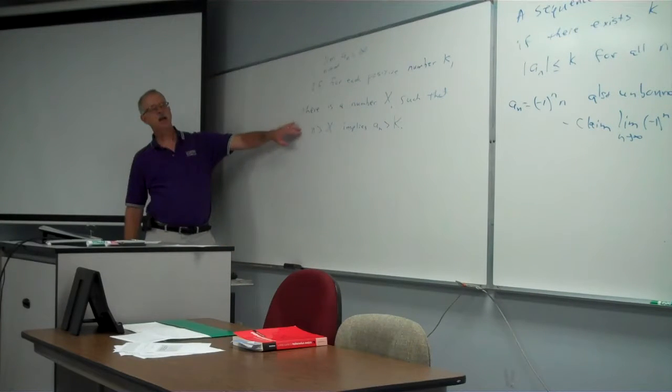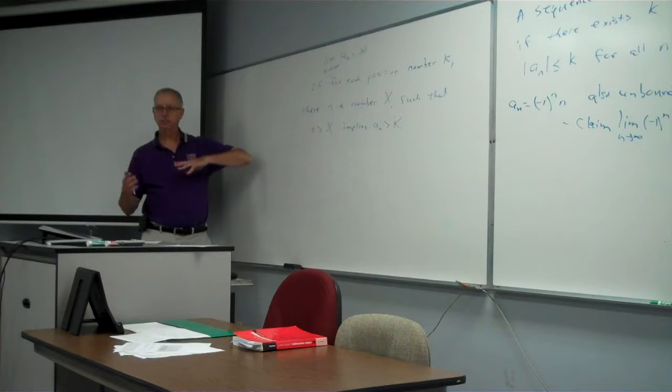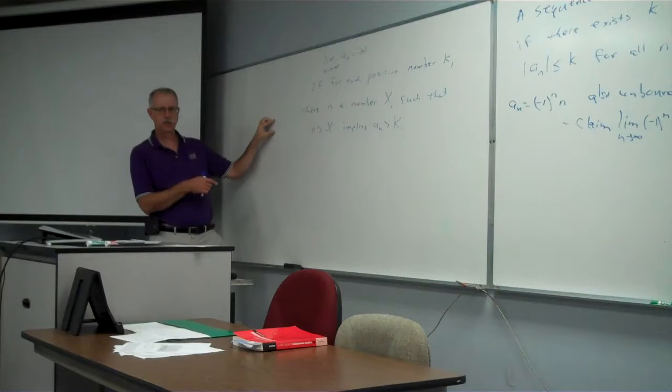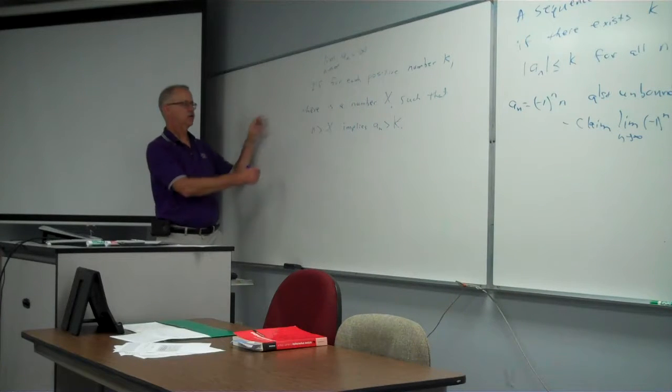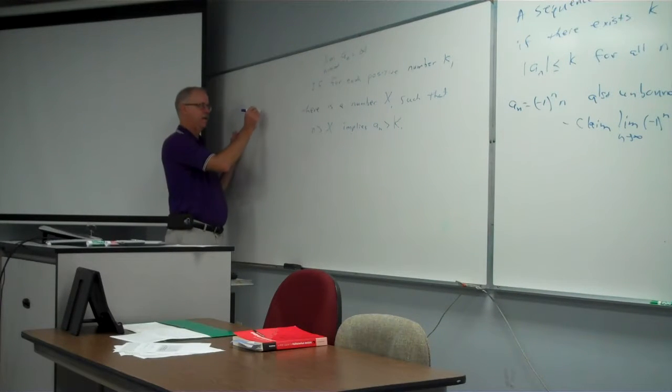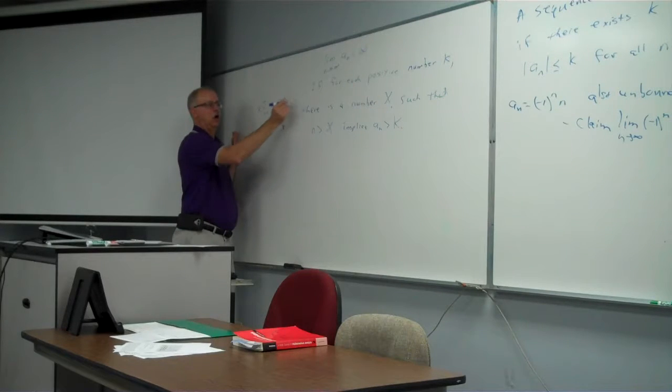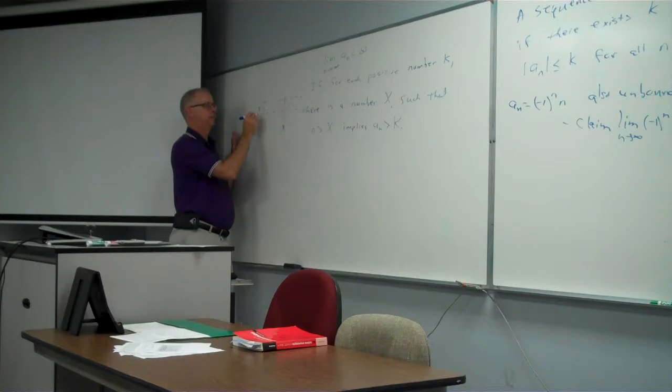So this looks a little bit like our epsilon-X game. In a finite limit, somebody plays an epsilon that says how close you've got to be to the limit. Somebody else figures out, okay, from here on, all the terms are close enough to our limit.